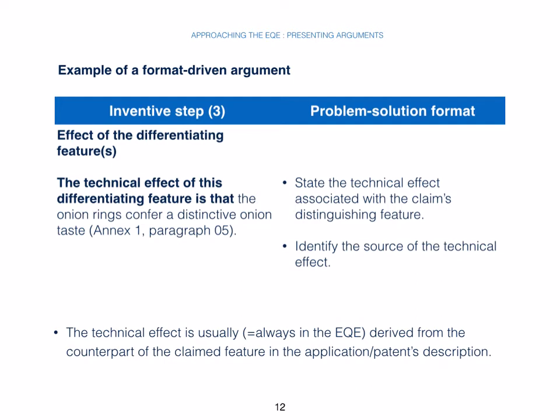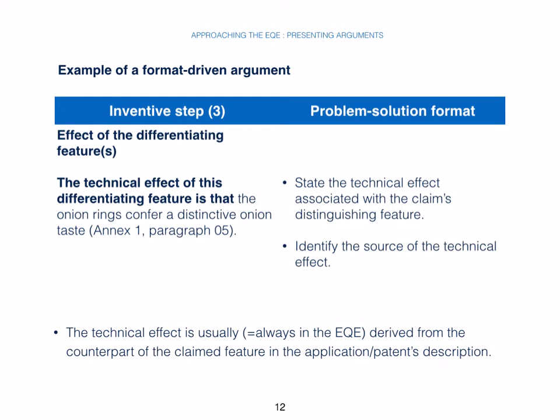You have to state the technical effect associated with the claim's distinguishing feature, and you have to identify the source of the technical effect. And in the EQE, it's fairly simple because the technical effect is usually, and in fact always in the EQE, derived from the counterpart of the claimed feature in the application or the patent's description.